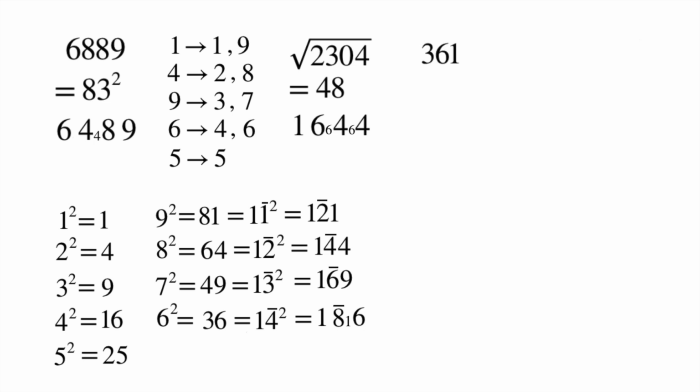Once again, 0.3. 2 squared is too much. It's 1. Then 1's place 1. Not 11 squared. So maybe 19. It's done.